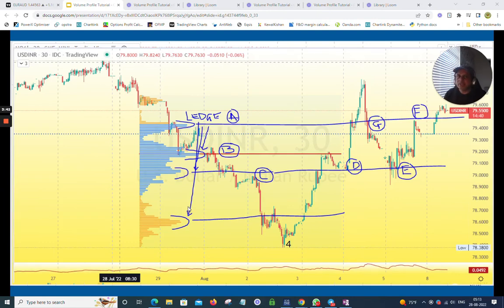So the understanding is that by the volume profile shapes, you can come to understand where the supports and resistances are on the chart, and this support and resistance information can be used to create setups. That's the idea of showing you these two structures. More structures can be formed, and that can be a subject for another video.